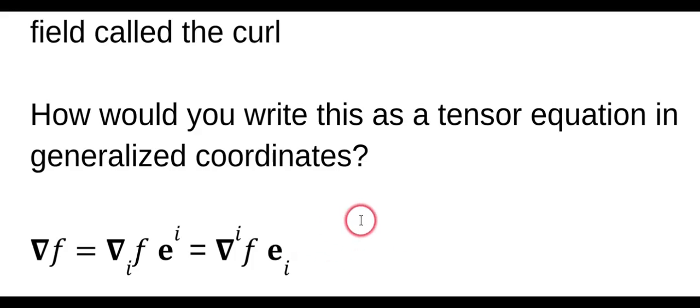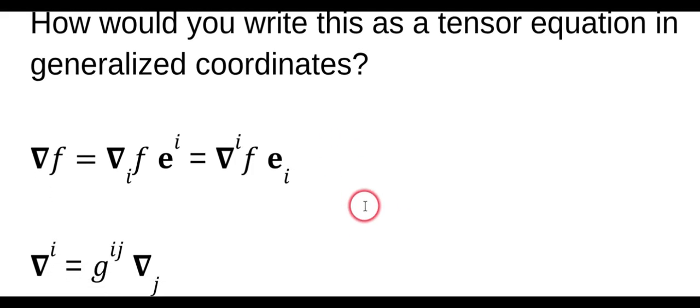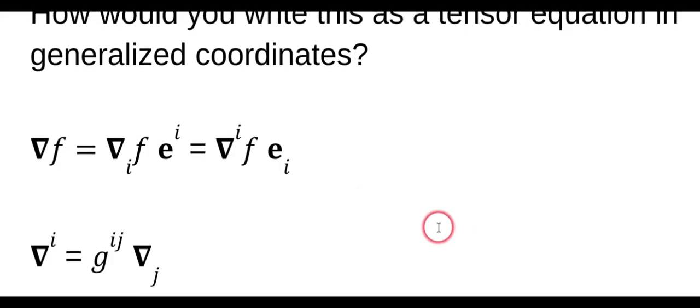Well, we could do that with our old friend, the metric tensor. It can be used to raise or lower indices, okay? So if I multiply the covariant derivative with respect to j by this inverse metric tensor, g^ij, the j's are contracted out and we're just left with i. So I can put this right back in here and I get this expression, okay?